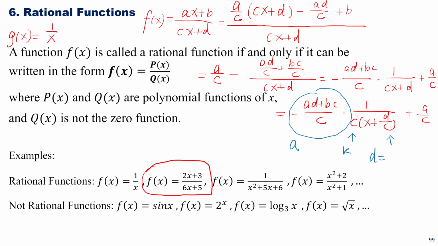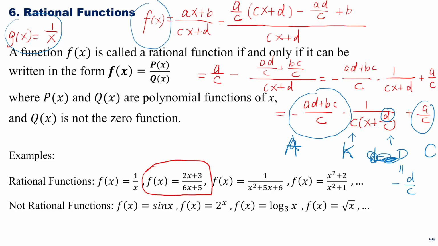this is d, well, let's call it uppercase D because we already have d here. This is a, k, D, and c, right? D equals negative lowercase d over c. So basically you add a 4-parameter transformation to the base function g(x) equals 1 over x. So the graph of f(x) can be obtained by transforming the base function 1 over x.